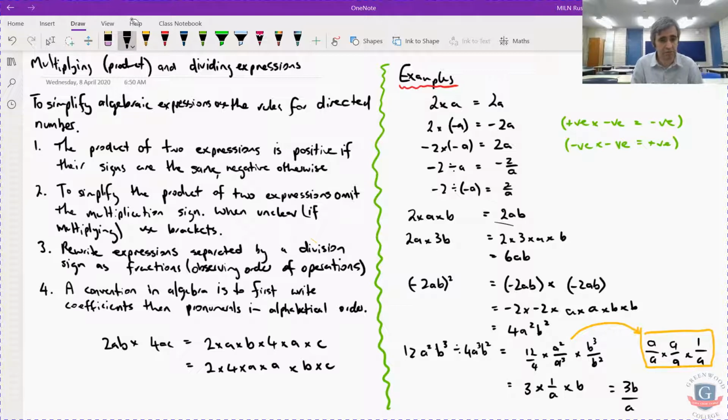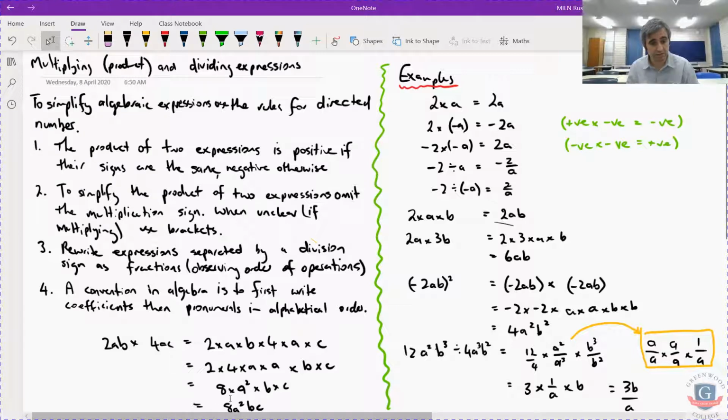You can see that I've rewritten these now in order, numbers first and then alphabetically, and then I simplify. 8 times a squared times b times c, which is simply 8a squared bc. So when we're writing our solutions, we need to be mindful of this convention and write coefficients first, then pronumerals with their attached indices or powers in alphabetical order.